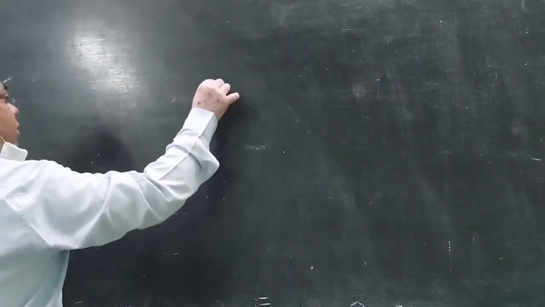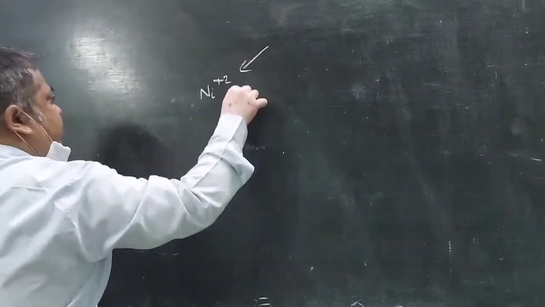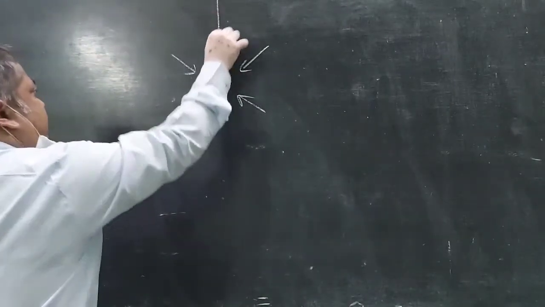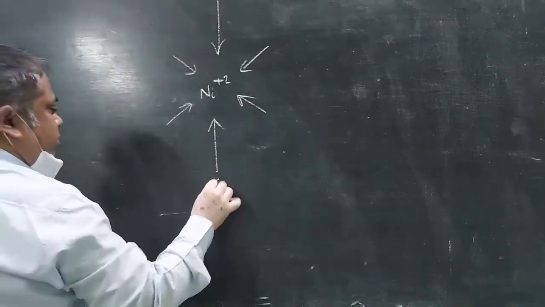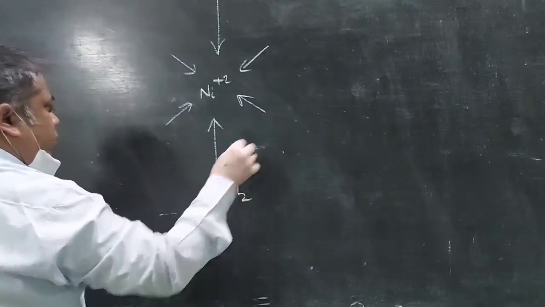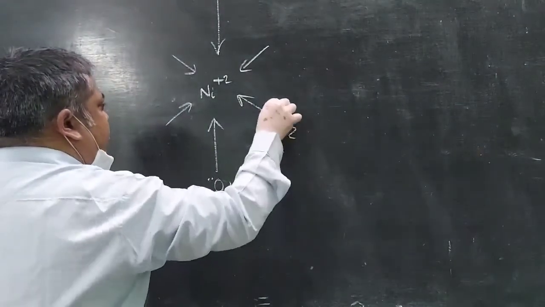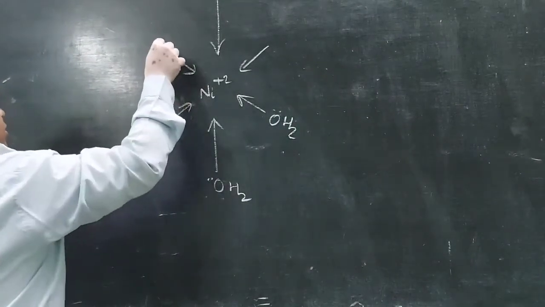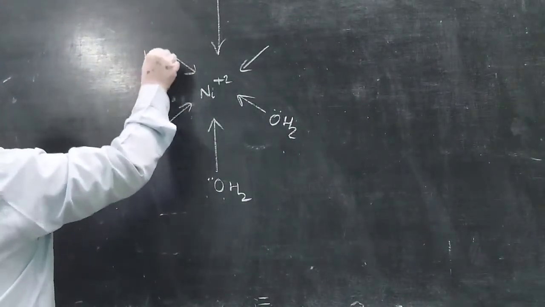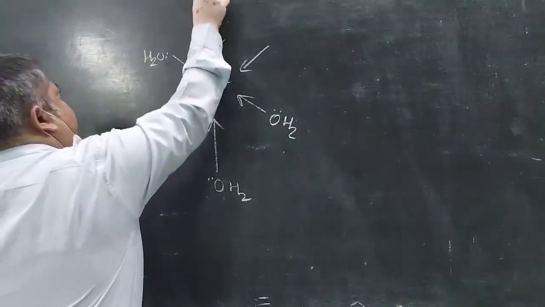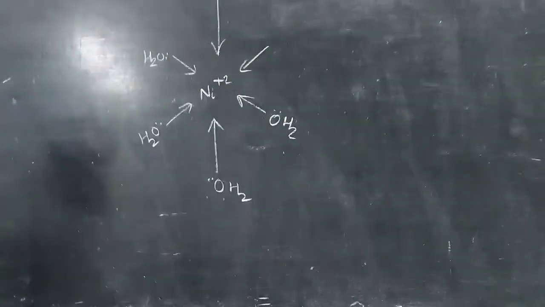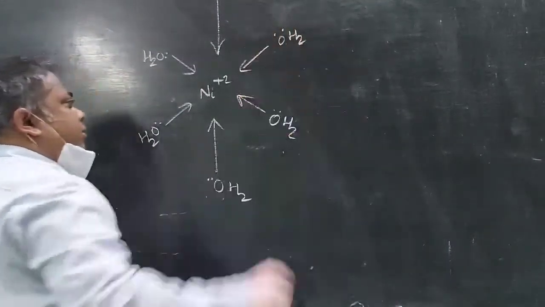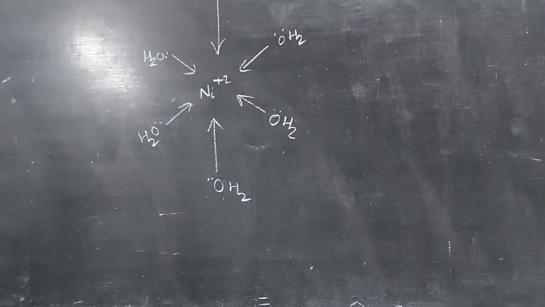Nickel 2 plus, with H2O lone pair, H2O lone pair, H2O lone pair, H2O lone pair, and H2O lone pair, H2O lone pair. This is green in color.